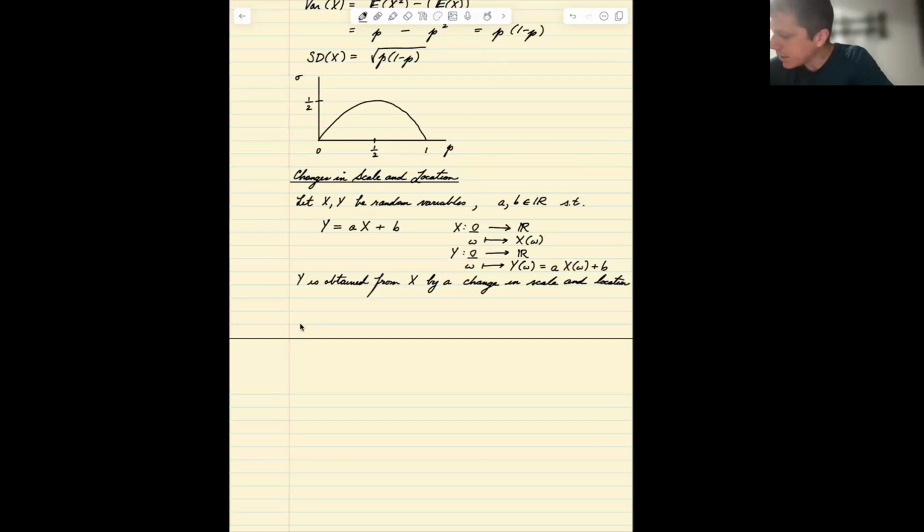The scale, to get our terminology straight, is a. The location change is b. So when you scale something, you multiply by a certain value, you either blow everything up or shrink everything down. When you add a value, you shift everything over in one direction or the other. So you're changing its location.